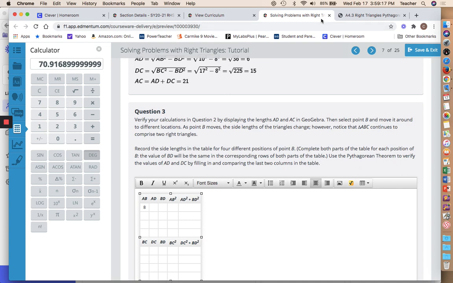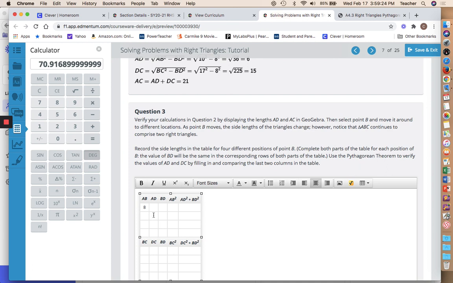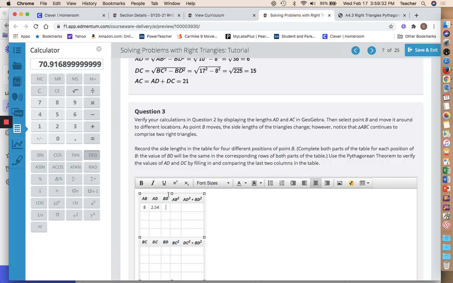Alright, so we got AB is 8. AD is 2.54. BD is 7.6. AB squared will still be 64. Now I gotta do AD squared plus BD squared.